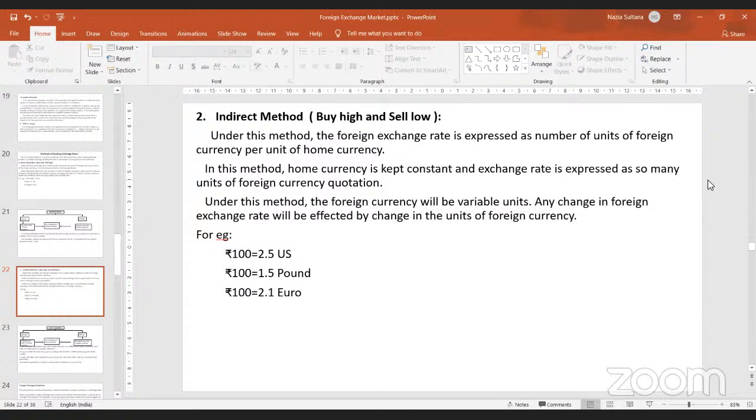Out of all three listed here, the dollar is paying me the highest. So I have to spend 100 rupees to buy 2.5 US dollars, while 100 rupees buys only 1.5 pounds. So you make a comparison and then decide which one you want to buy if you have to spend 100 rupees, whether pounds, dollars, or euro.